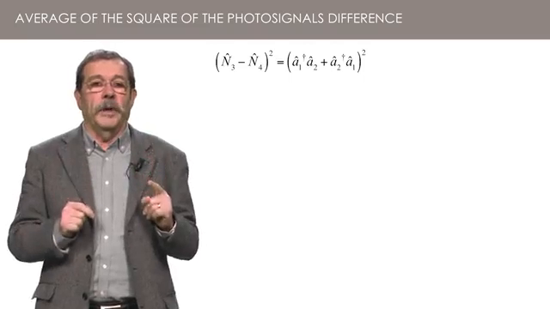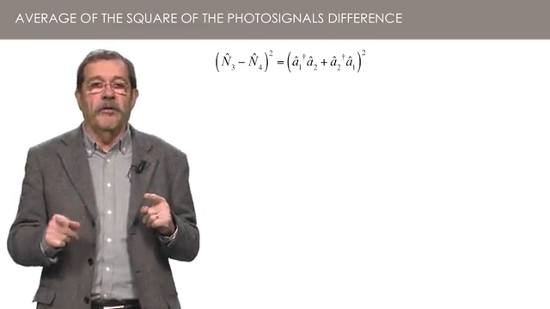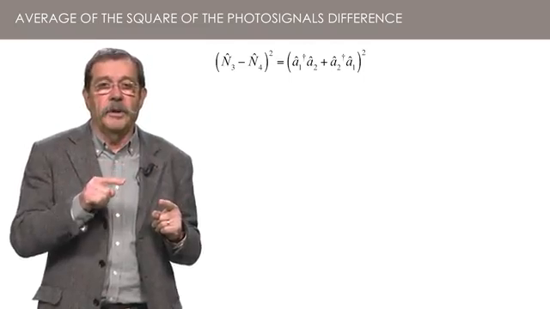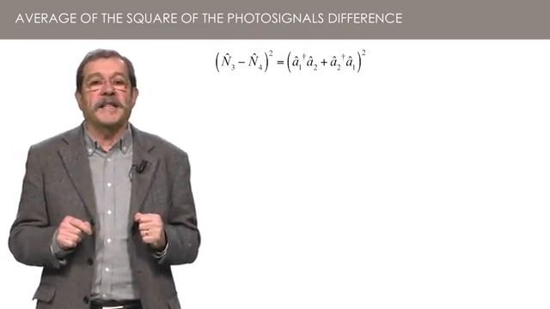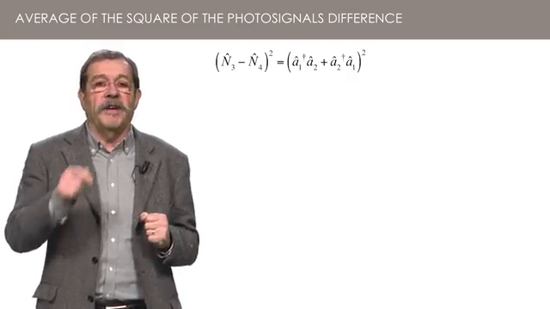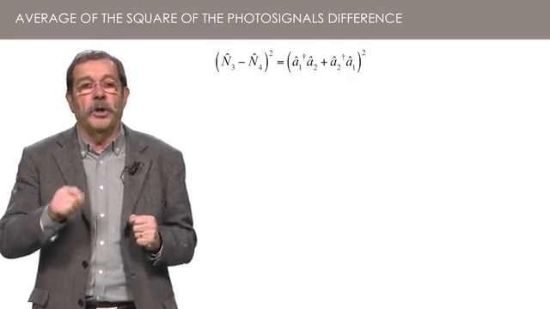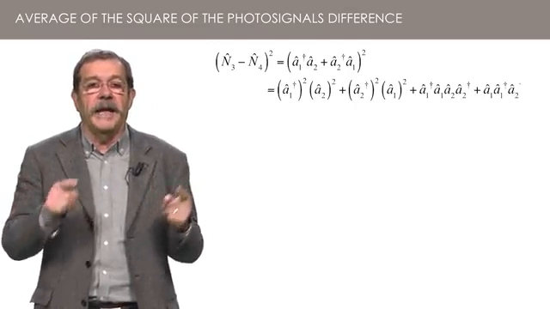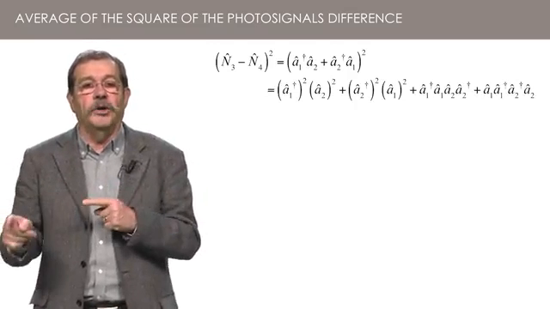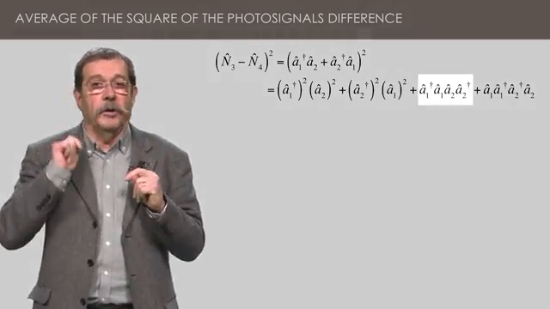We want to calculate the average of the square of N3 minus N4 in the state psi in. When we expand the square of N3 minus N4, all terms involving a dagger 2 and a2 are in normal order, except one term.